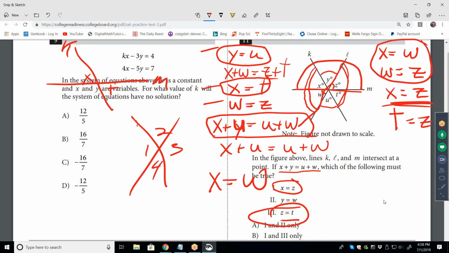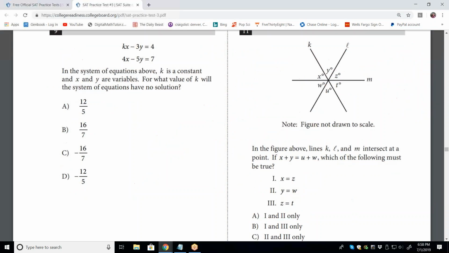And that's what's going to tell you that we cannot prove that y equals w. We just can't. And so I don't think that that is true. All right.